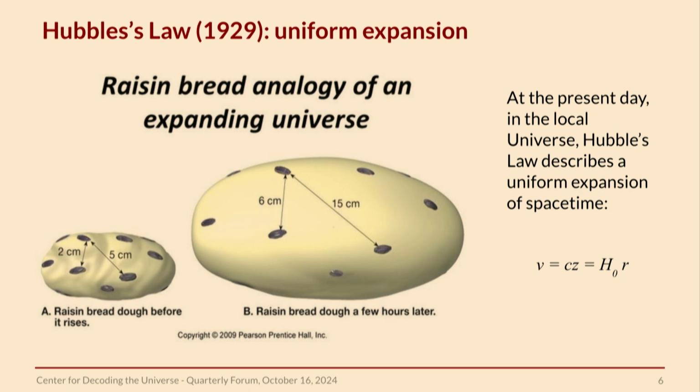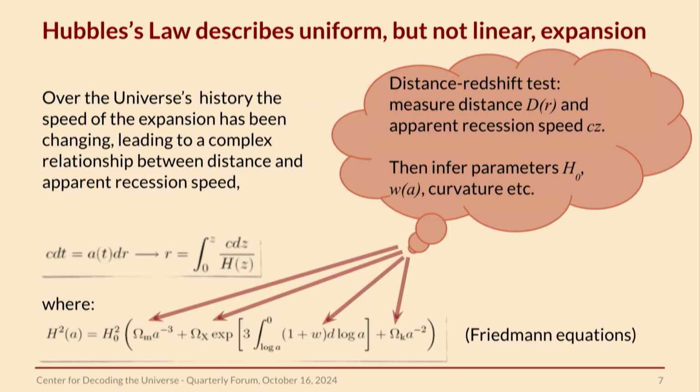And the thing that we can measure, or try and measure, is the expansion rate as a function of distance, otherwise known as the distance redshift test. So we can try and measure the apparent recession speed of galaxies, one way or another, and compare that to the distance of those galaxies, one way or another.